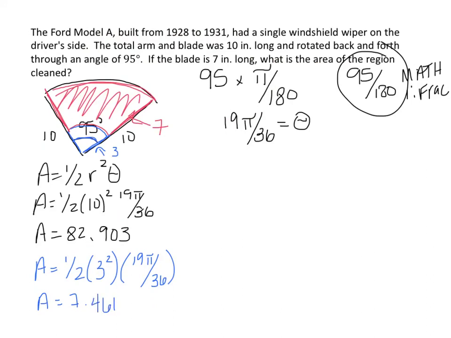The final step then is to subtract them. So the area that I've shaded in pink is going to be the difference between the largest area and the smallest area.